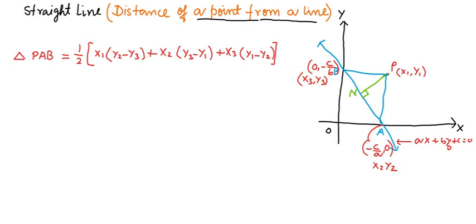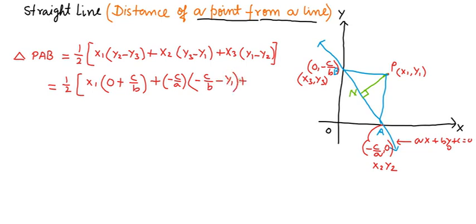So we will put the values here: 1 by 2, x1 is x1, y2 is 0, minus y3 is minus of minus C by B. By this sign, this equals plus C by B, plus x2 is minus C by A, y3 minus y1 is minus C by B minus y1, plus x3 is 0, (y1 minus y2) is y1 minus 0.